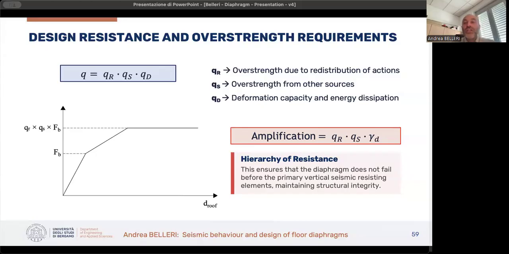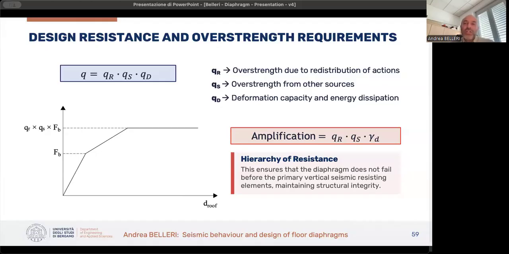If we consider the additional overstrength factor gamma D that I showed in the previous slide, the amplification required for the diaphragm design should be QR times QS times gamma D. So basically, there is a hierarchy of resistance to ensure that the diaphragm does not fail before the primary vertical seismic resisting elements, maintaining structural integrity.